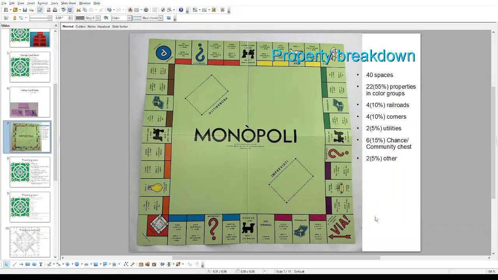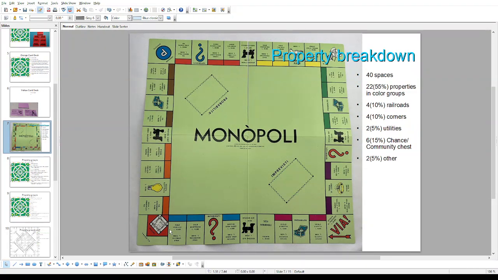Anyways, so the base game of Monopoly has 40 spaces on it. Yeah, you go 1, 2, 3, 4, 5, 6, 7, 8, 9, 10. Yeah, each side of the board. Now, one could make the argument that in jail and just visiting technically count as separate spaces, but I don't care. For this purpose, I'm just going to treat them as a single space.